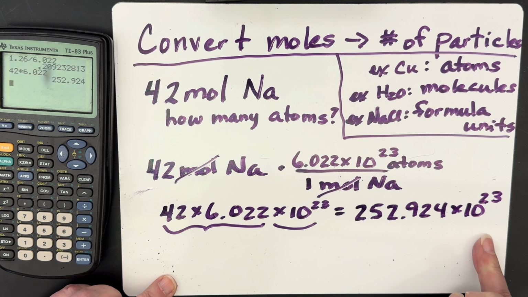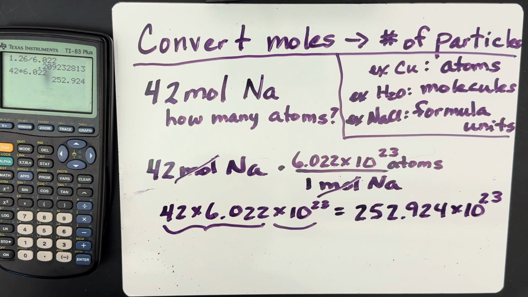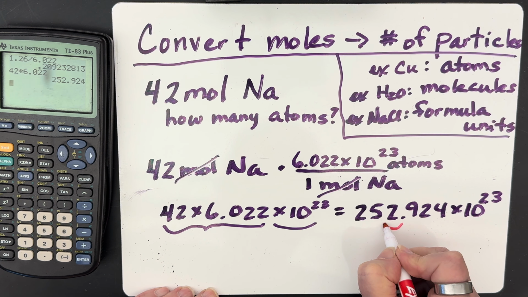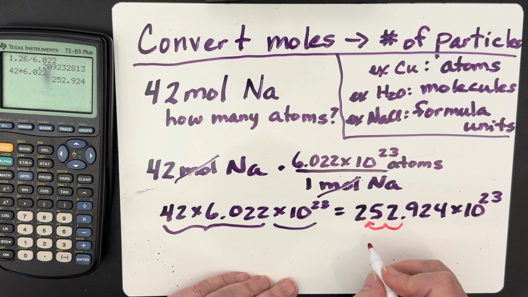Now, this is not in scientific notation. Scientific notation, we have to move that decimal point 1, 2 places. It has to be between the first 2 digits of the number. So we're going to move it over 2.